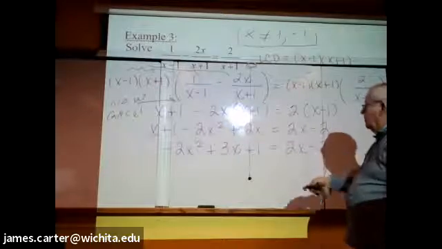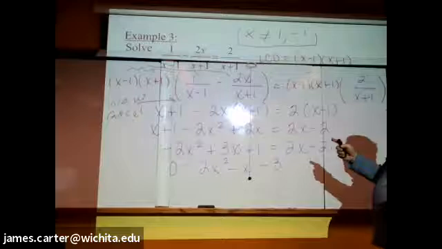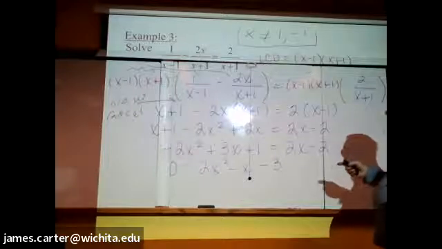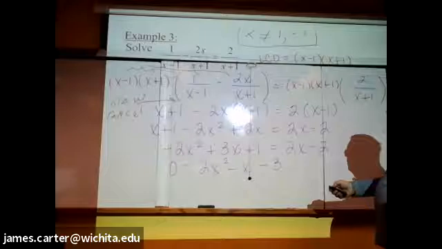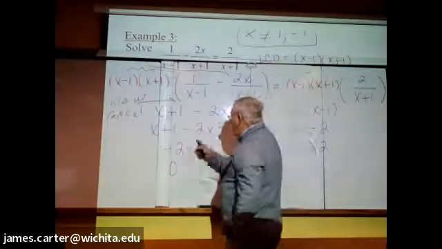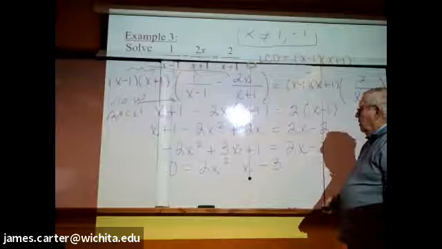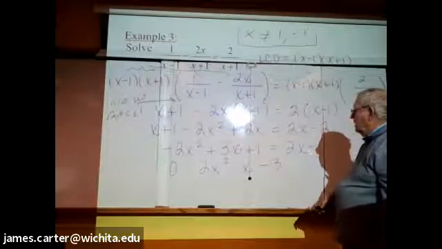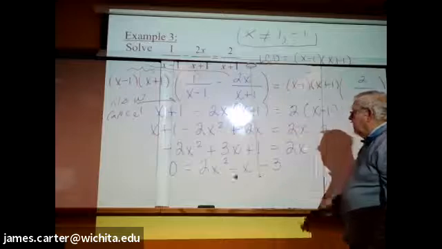Now we're ready to get variables on one side, numbers on the other side. Remember, you cannot add x squares and x's. They're totally different values, okay? Because the x squares are a much more powerful number than just a plain x. Well, when we do this, and we move everything onto one side, we've got that.